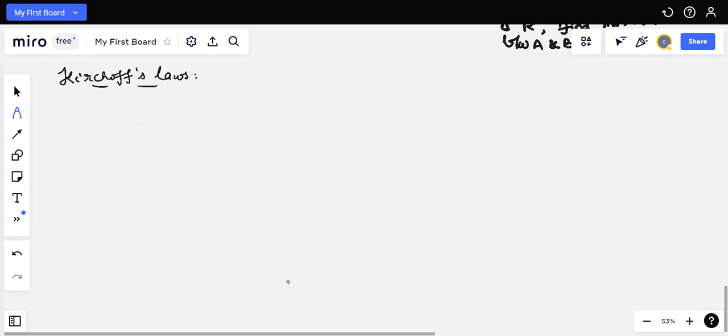Kirchhoff's laws: what we said is that at a junction, the charge is neither created nor destroyed. It is conserved. Total charge connected to a junction equals 0. Am I right? Yes, that is actually the law of charge. Here we call it the law of currents.